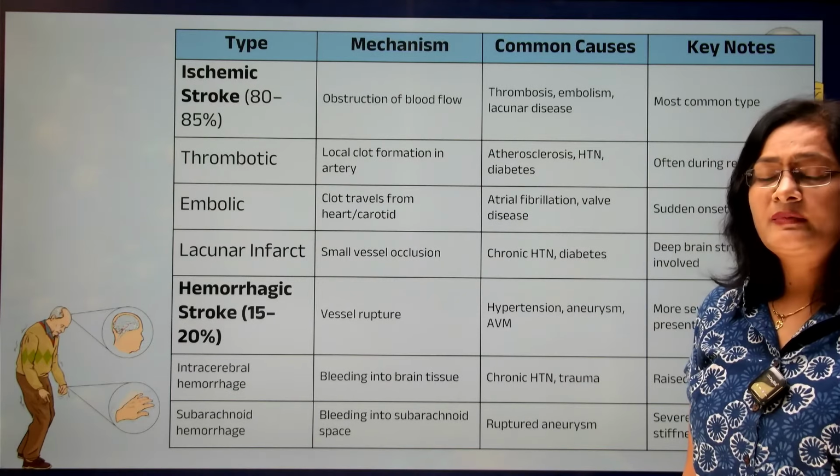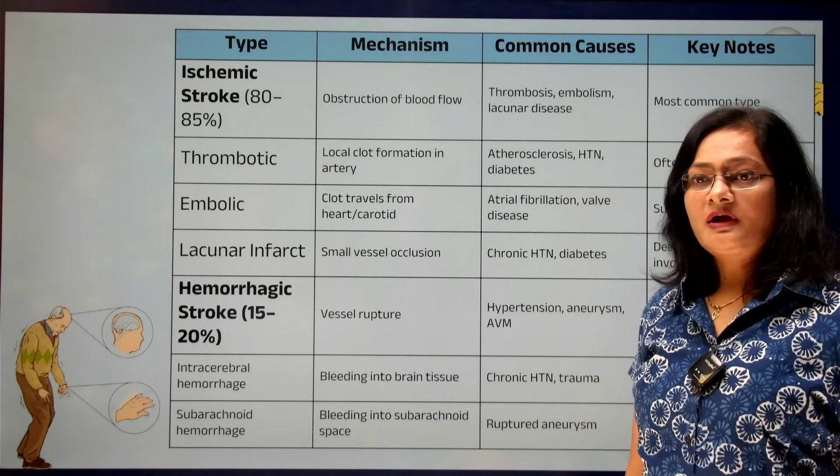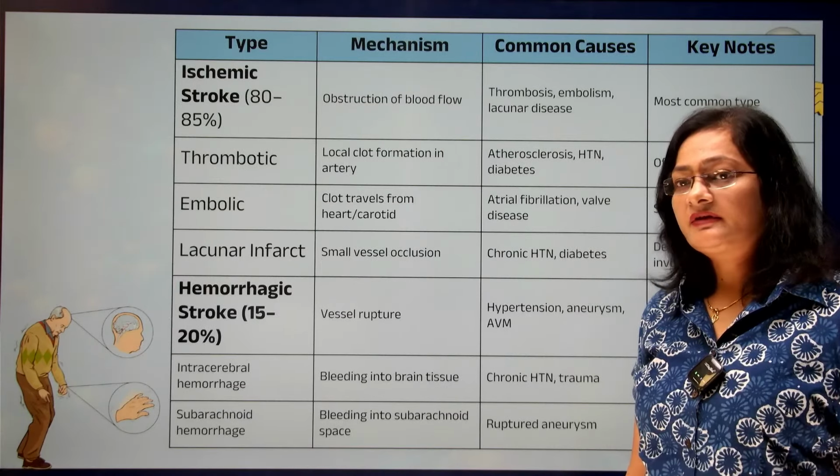Then embolic stroke, in this the clot travels from the heart or from the carotid artery to the distant location. And lacunar infarct, when small vessels in the brain they are occluded because of any of the reason, the most common reason is atherosclerosis, then it will result in lacunar infarct.